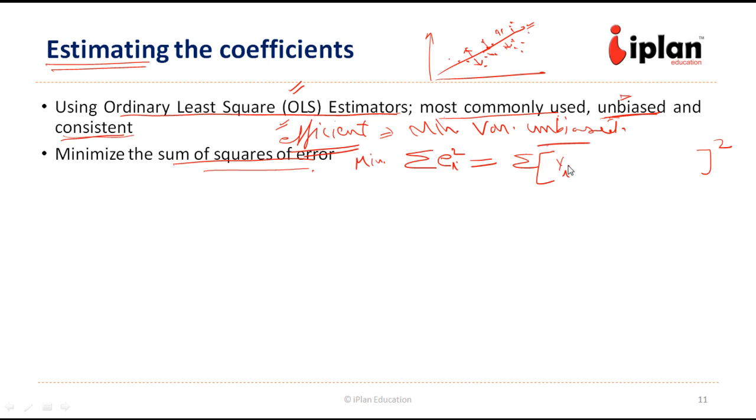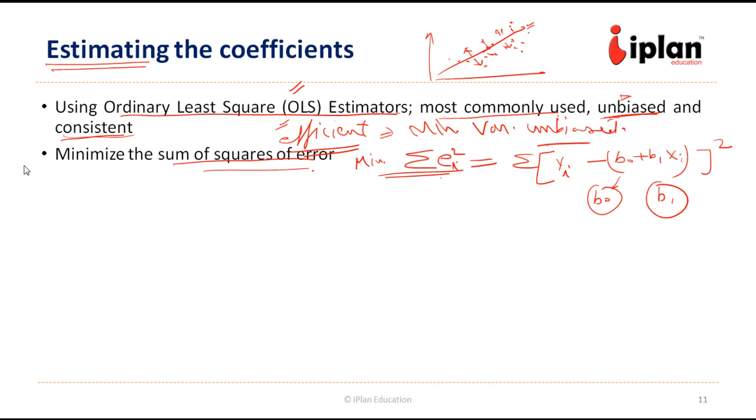It is the actual y minus the estimated y, that is, yi minus (b0 plus b1 times xi). This is the difference. Then we take the square and sum it up. This is what we have to minimize under the ordinary least squares technique. While minimizing it, we can find the estimated values of b0 and b1. That will give us the ordinary least squares estimate of the regression line.